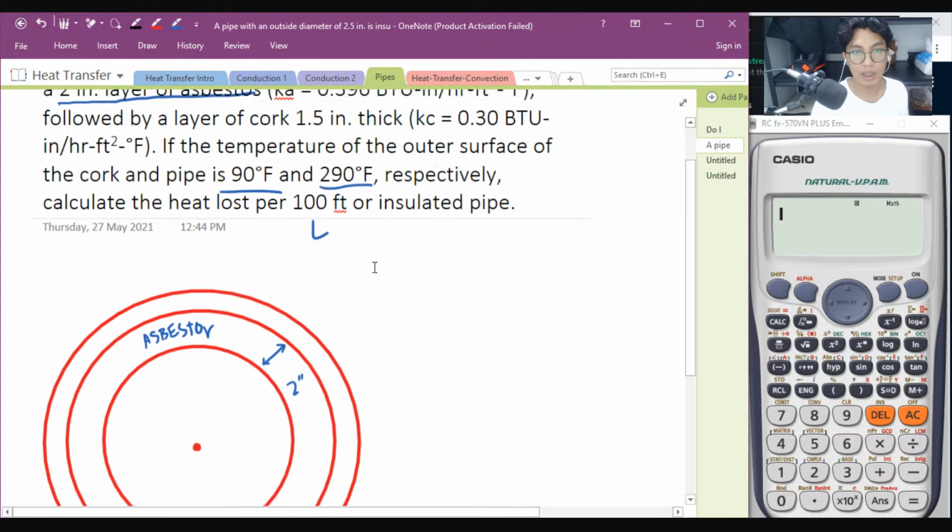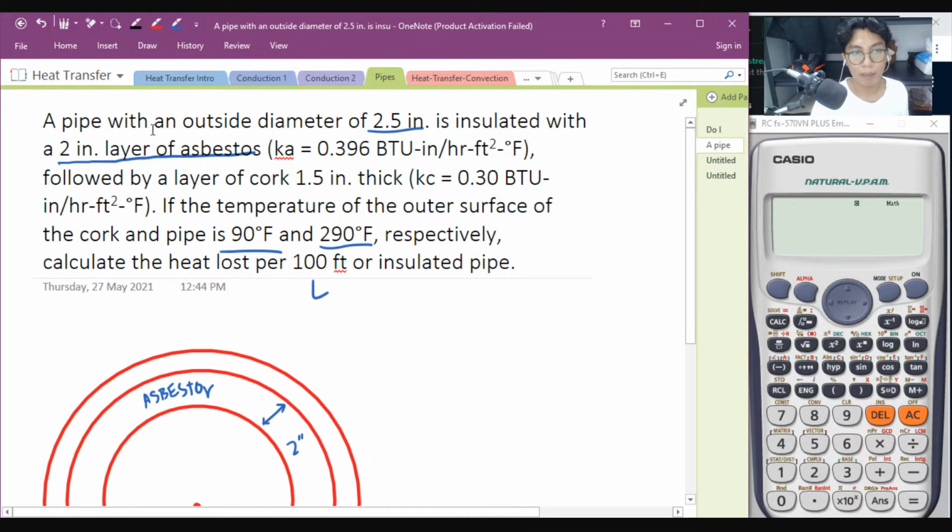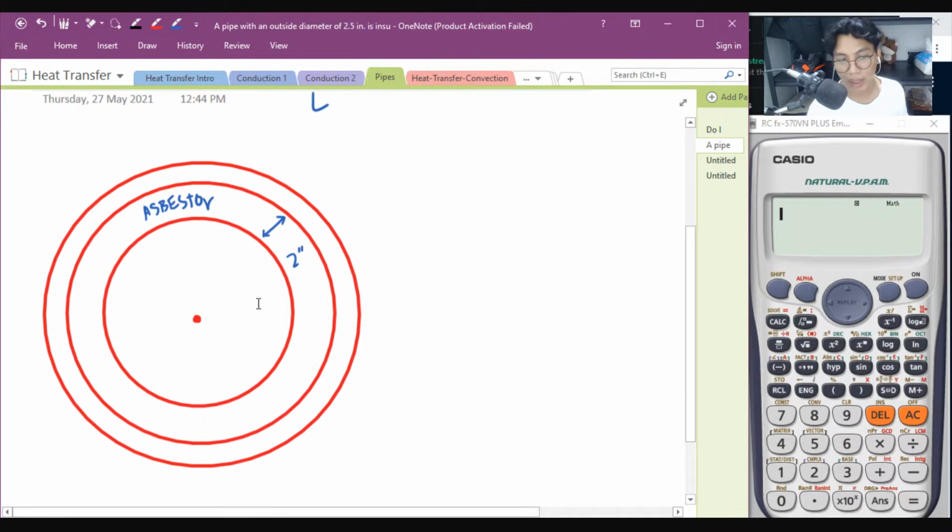Now, sinabi dito that the pipe with an outside diameter. Ibig sabihin, from here up to here, yung piping mo is 2.5 inches. Ibig sabihin, kalahati ng 2.5 inches will be R. So, R1 mo is 1.25 inch. Okay. Okay na yun, ha?